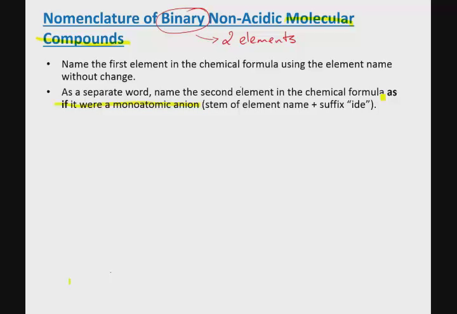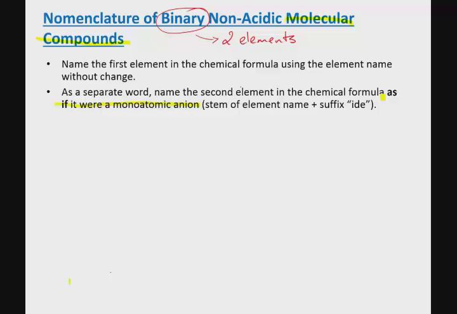Just as before, oxygen becomes oxide, hydrogen becomes hydride, nitrogen becomes nitride, fluoride, chloride, bromide, iodide, and so on. In exactly the same way, the second element is named as if it were a monoatomic anion.